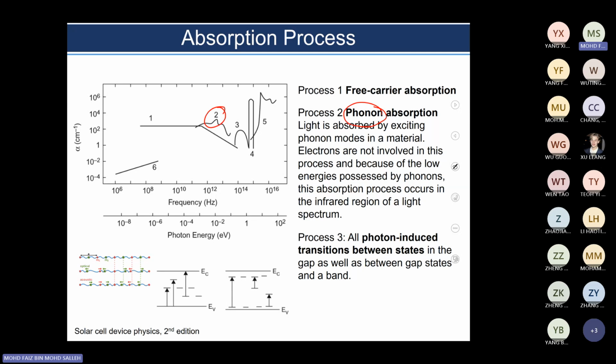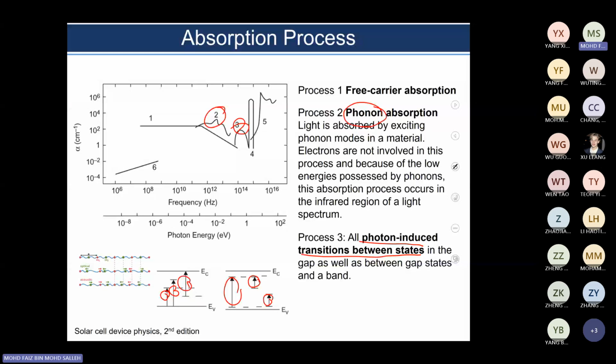So at this energy level, it only influences phonon absorption. When you increase a little bit more, number 3, phonon-induced transition between states in the gap. The energy is enough to make the electron jump, not interband yet, but within the localized states.